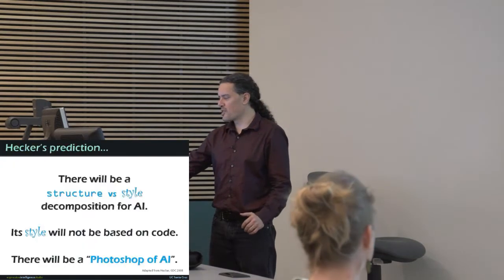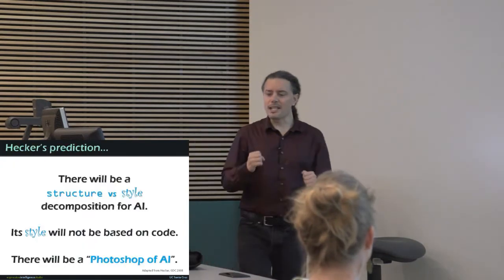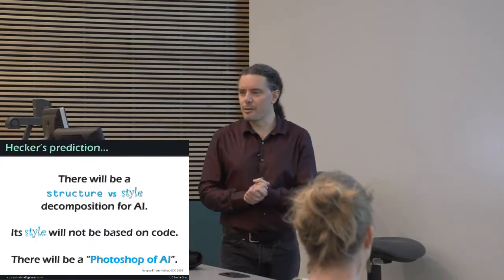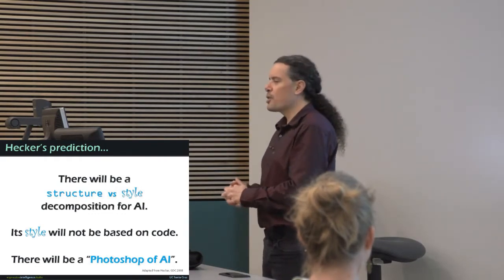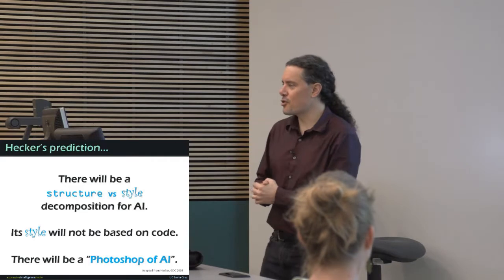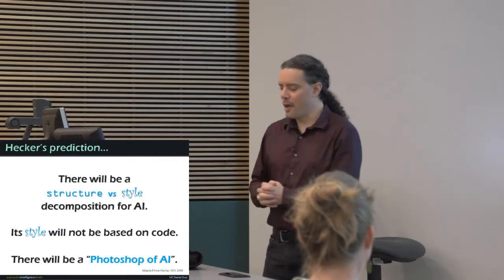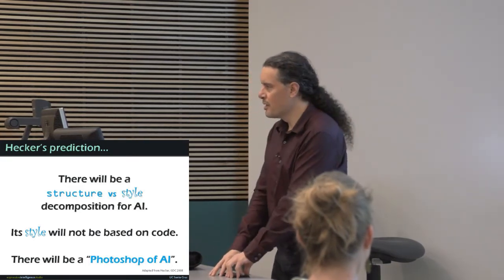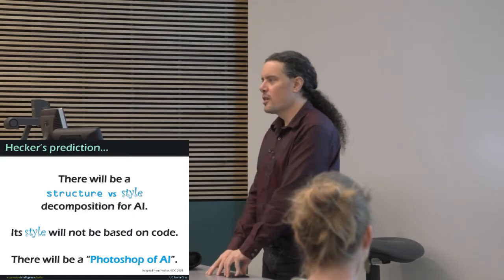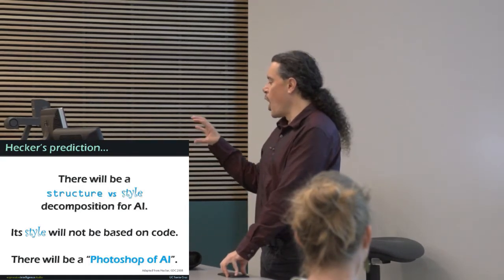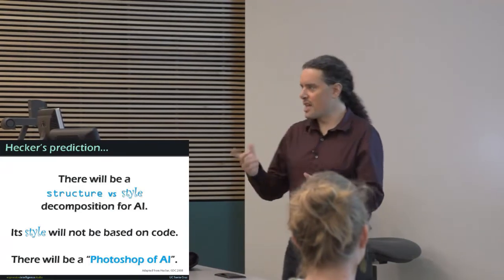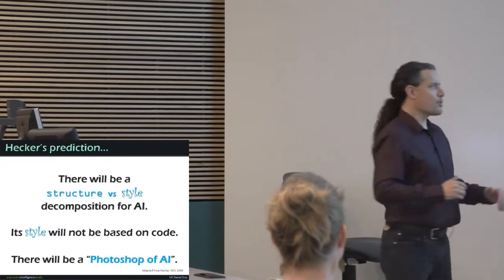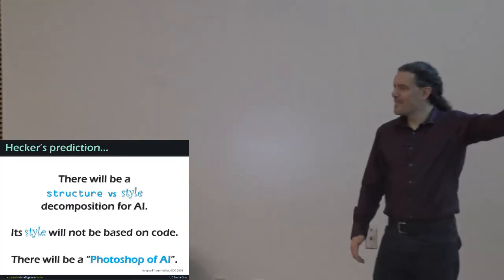And Chris's claim is that we won't be able to make that progress until we have a structure-style decomposition. And how do you know when you've got a structure-style decomposition for a problem on your hands? When there are art tools available to artists who can author style and just superimpose it on the structure, right? So with the texture map polygon, we have that art tool: Photoshop.